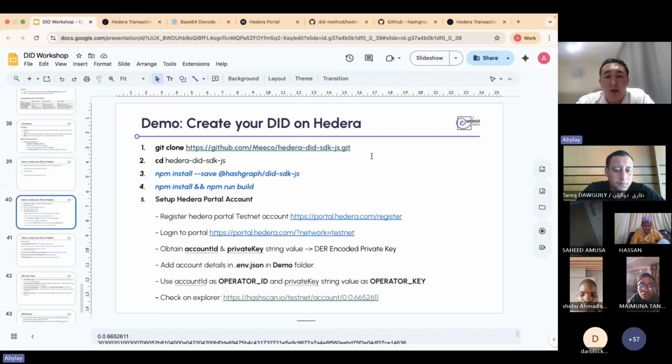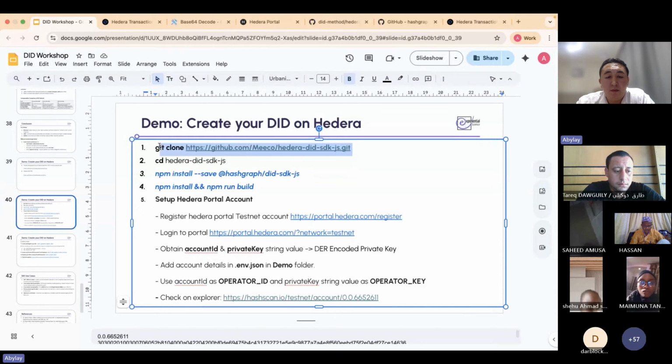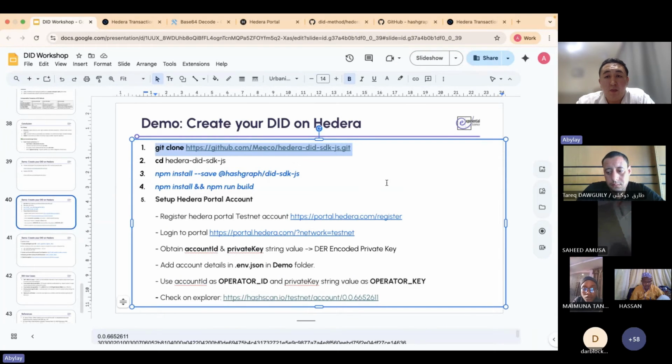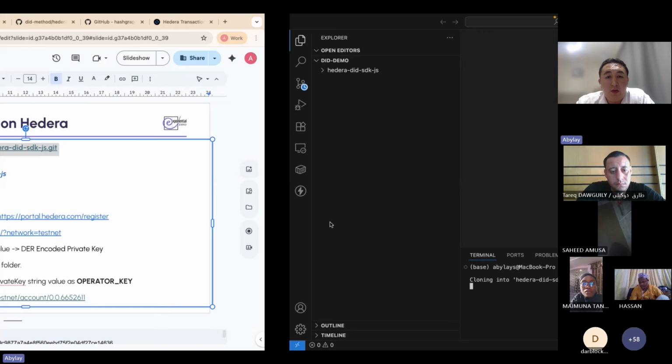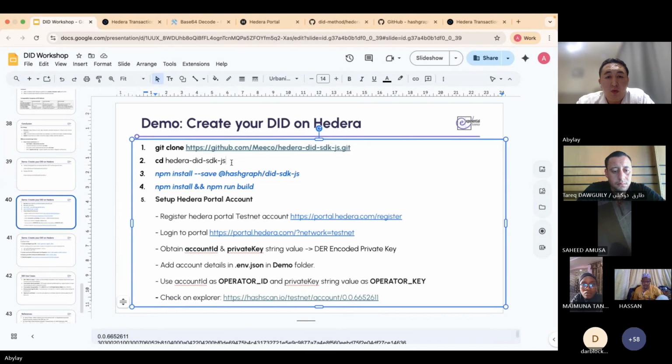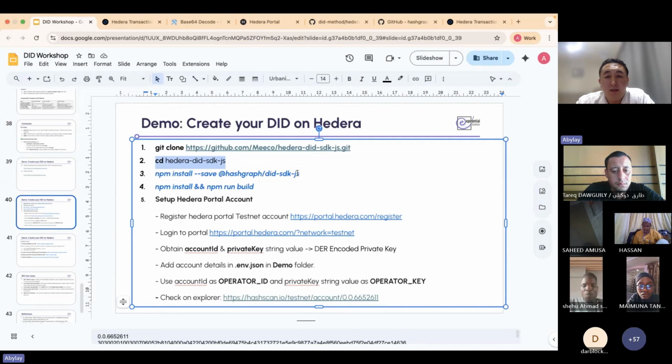So you basically have to clone this repository. Then you need to install this Hashgraph DID SDK with this script and build it once.